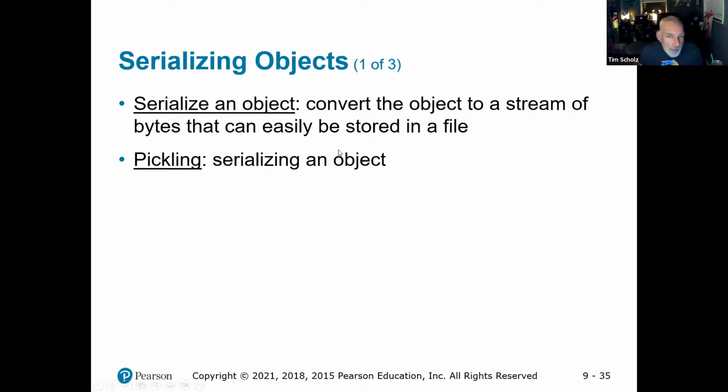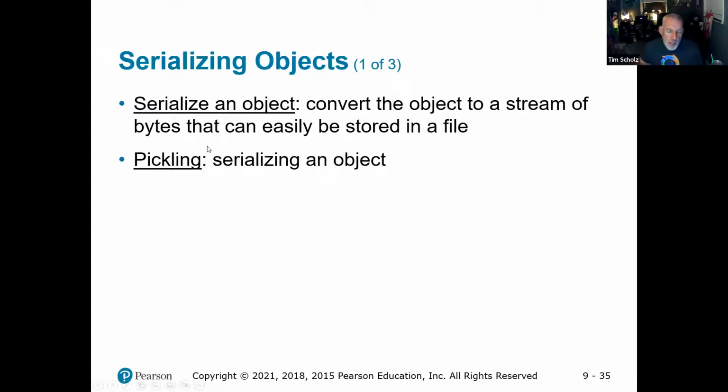The last topic within this module is serializing objects. Basically, serializing allows you to take an object, like a dictionary, and make it a stream of bytes that I can write to a file.